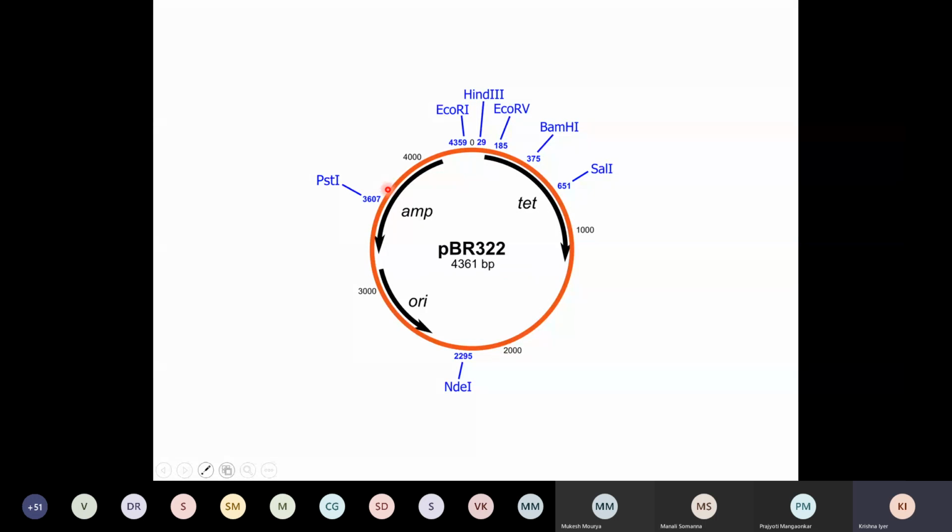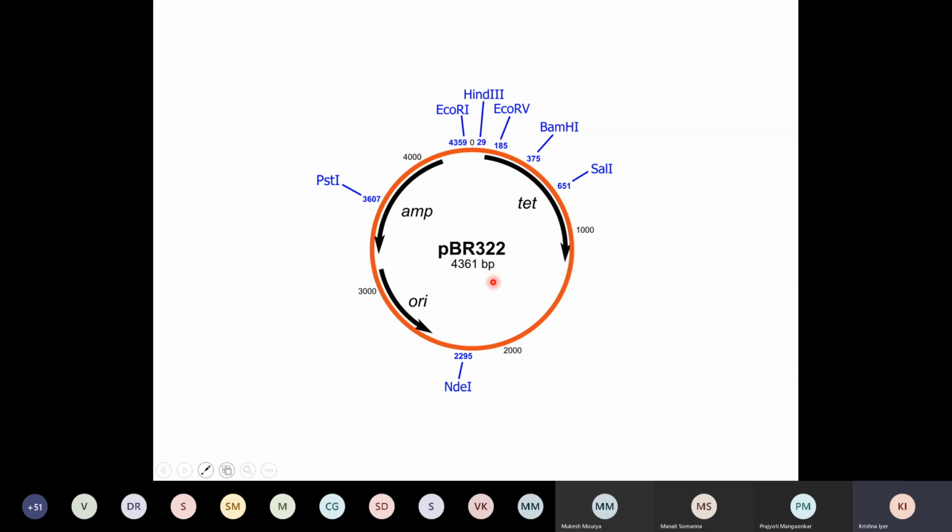Now this plasmid is a circular double-stranded plasmid. I've shown only one strand here, but actually it is double-stranded, and it contains a total of 4,361 base pairs.